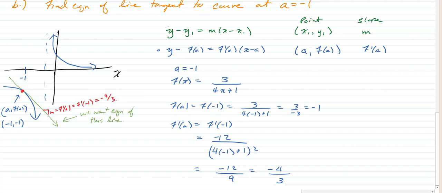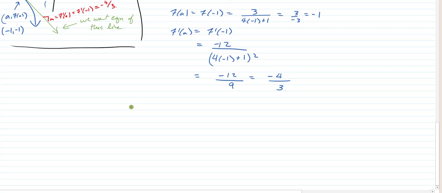So, folks, you did not need to sketch a picture to do this problem, but you should know always that something like this is going on in the background whenever we're finding the equation of a tangent line. So lastly, we'll take that y minus f of a is equal to f prime of a times x minus a, and we'll just plug in what we know.